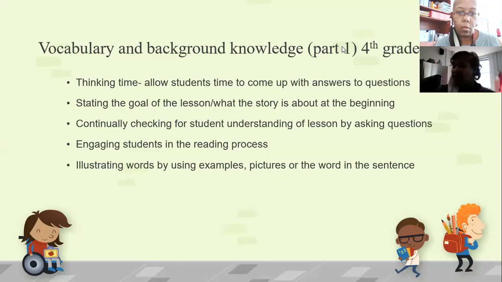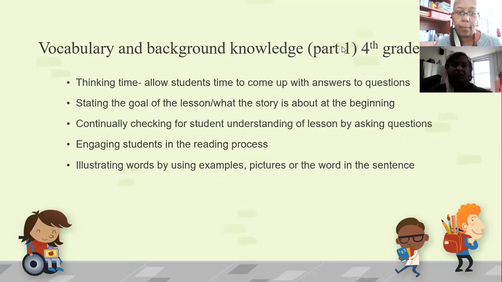She said to also continually check for students' understanding of the lesson by asking questions. This is so important for our kids so that we know that they are following along. Also, she talked about engaging students in the reading process. That's when we guide along in our classes and we may do the I read, you read, and then we read together strategy with our students.